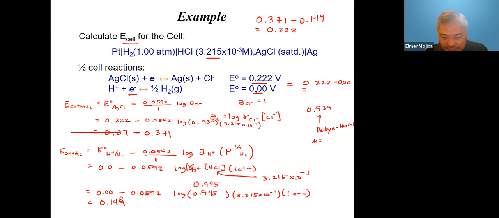In theory it should be the same if you did cathode minus anode, which is 0.22 minus 0, which is also 0.22. So that's our calculation for this part.